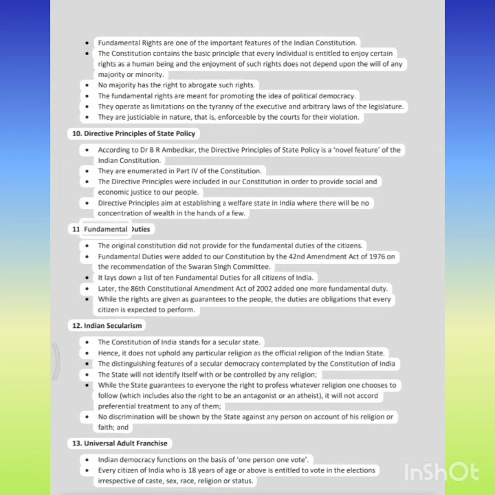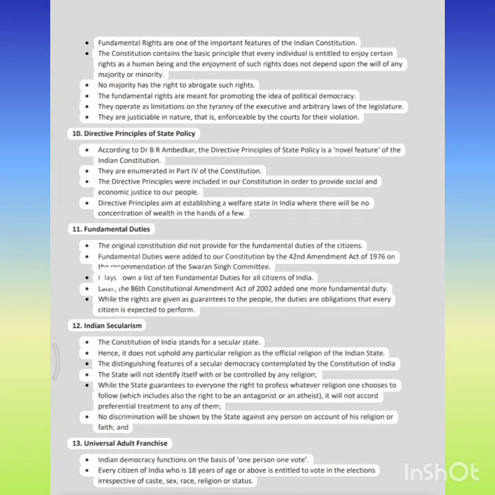11. Fundamental duties. The original Constitution did not provide for the fundamental duties of the citizens. Fundamental duties were added to our Constitution by the 42nd Amendment Act of 1976 on the recommendation of the Swaran Singh Committee.